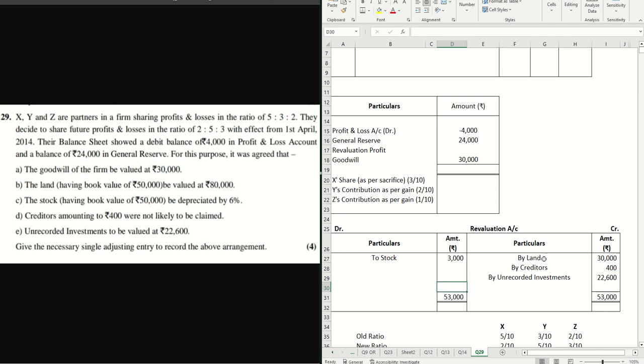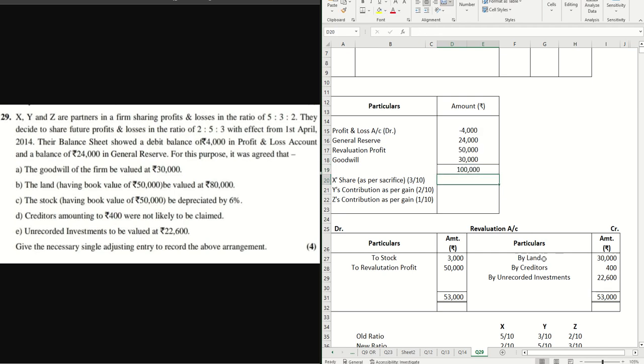So if 53,000 is the total, that means the revaluation profit is 50,000, right? So this one is done. We put that here, up here in the calculation, 50,000 as revaluation profit. Let's do the calculation here. The sum we are getting is 1 lakh.